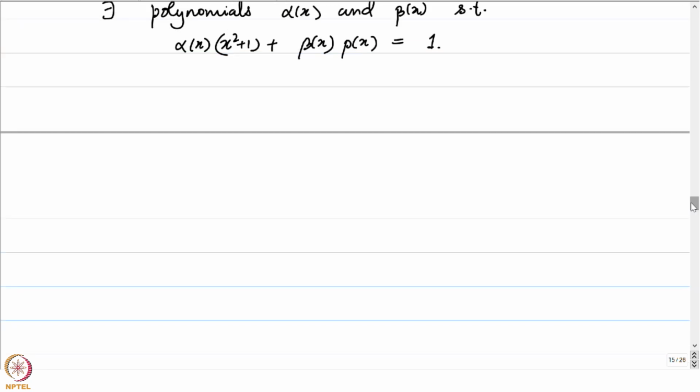Now let's multiply Q(x) to the equation above.